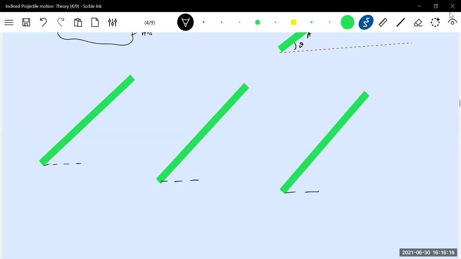When you project it up the incline, the ball will go and strike like this. Or the ball, when you project it, will strike normally also.